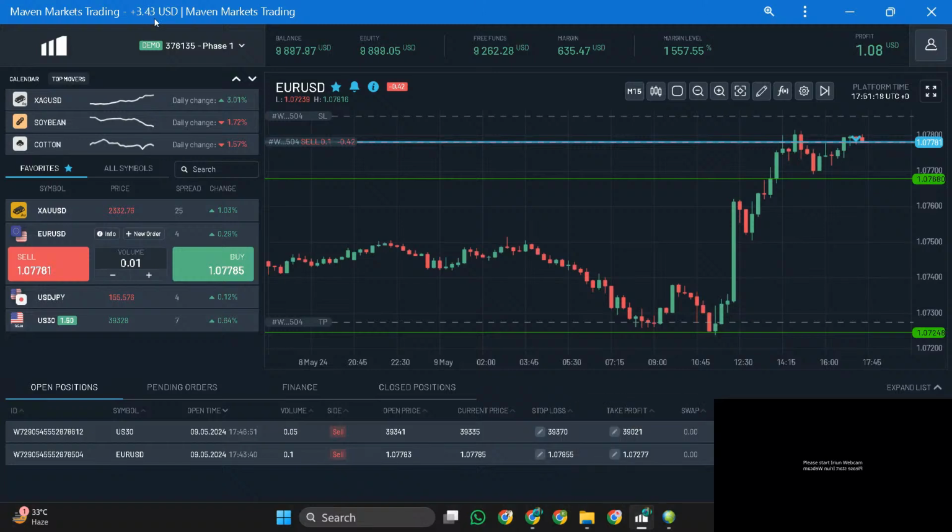So we can see here this is the live profit, and this chart has frozen. This MetaTrader sometimes freezes. I don't know why it freezes, and that's very frustrating.